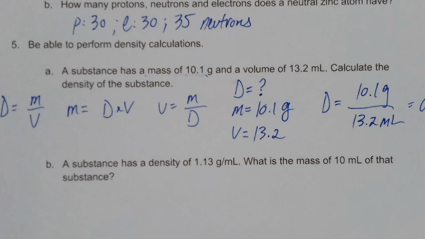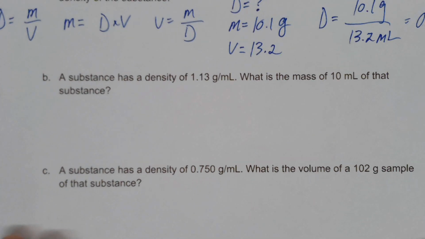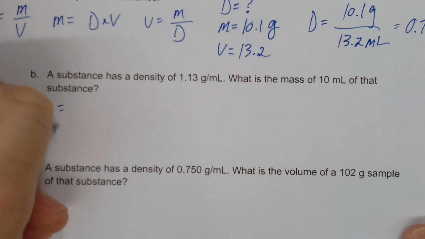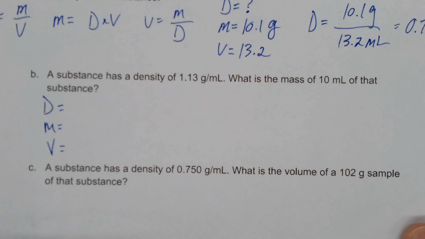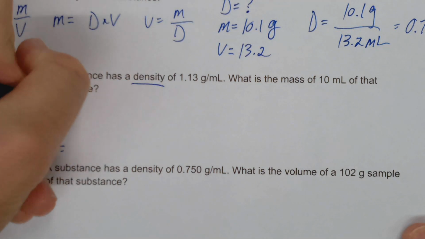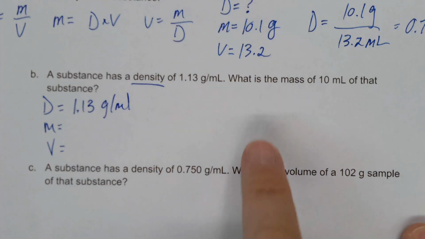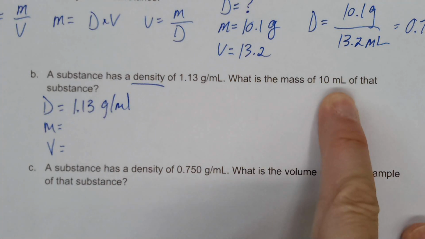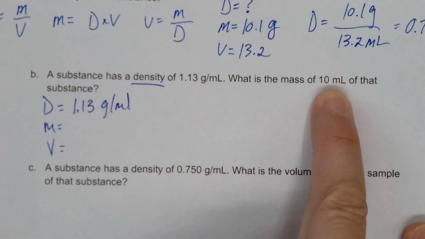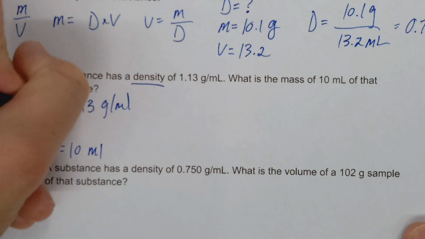Let's use that same strategy for the next one. So here we have a substance that has a density, so we'll fill this in. D equals, M equals, V equals. So here, D for density, density is 1.13 grams per milliliter. What is the mass of 10 milliliters of that substance? So volume is measured in milliliters, so this is 10, and they're asking, well, what is the mass?